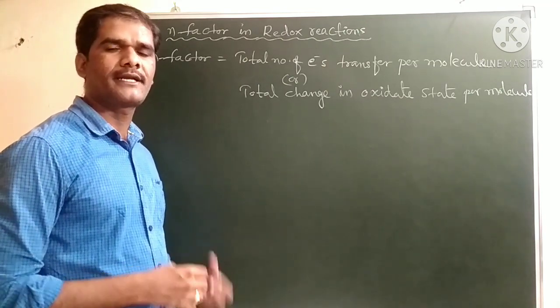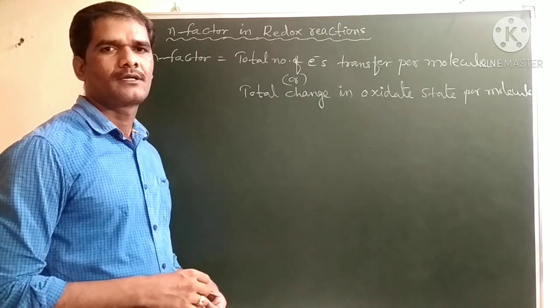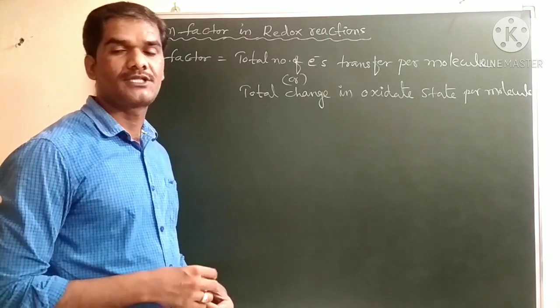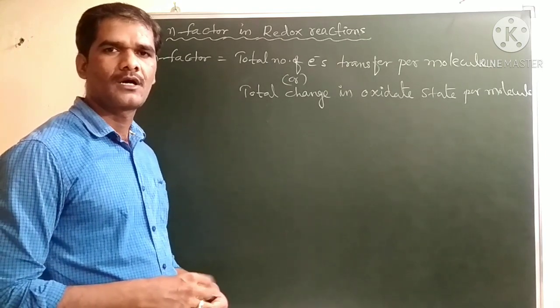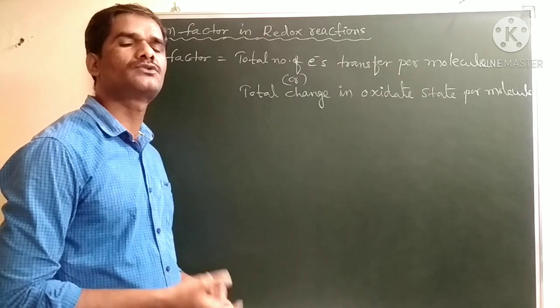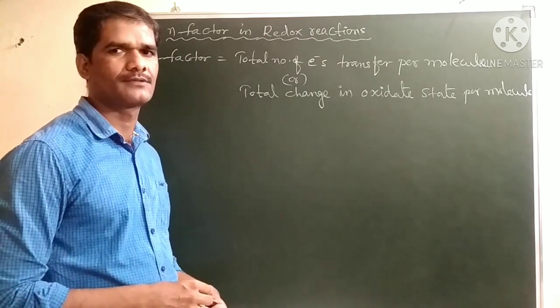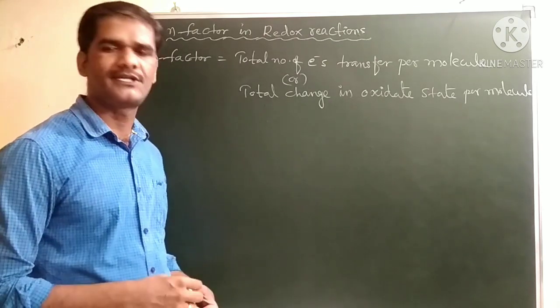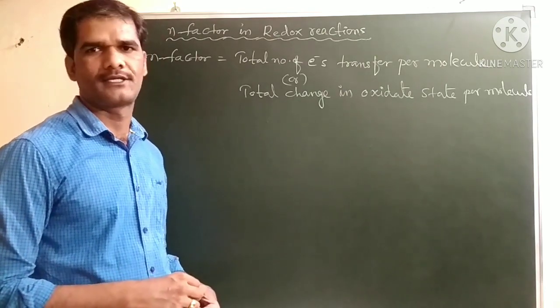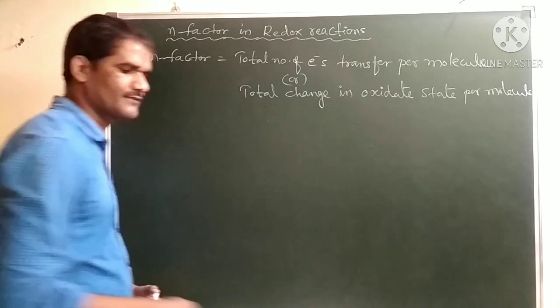In that reactant, one of the elements may undergo change in oxidation state sometimes, or two of the elements may undergo change in oxidation state, or more than two elements undergo change in oxidation state. So we have various conditions to calculate the N factor for oxidant or reductant. We will take those conditions one by one.